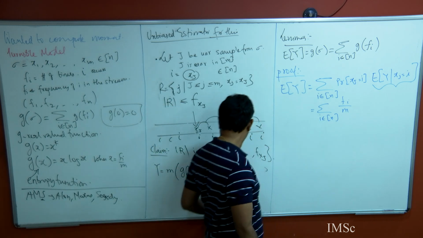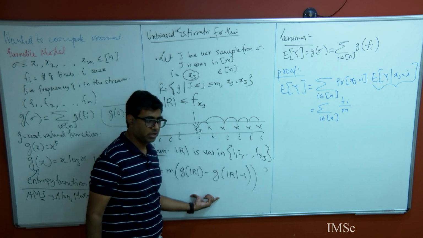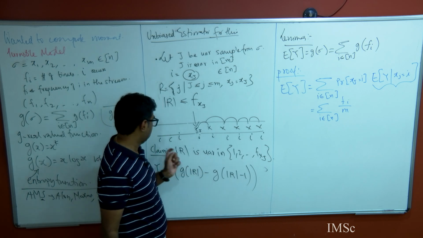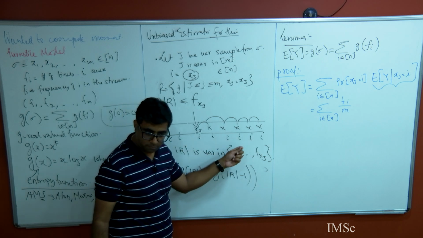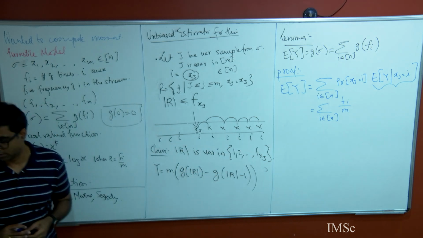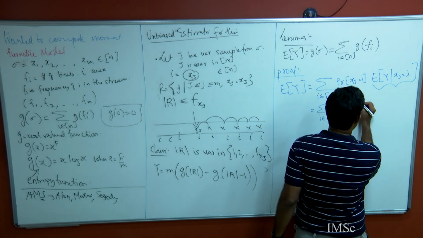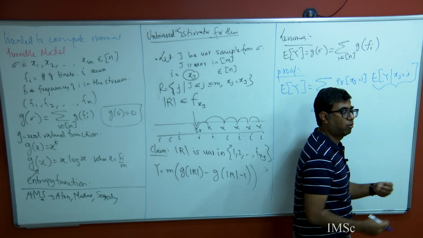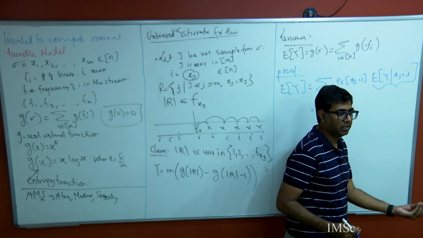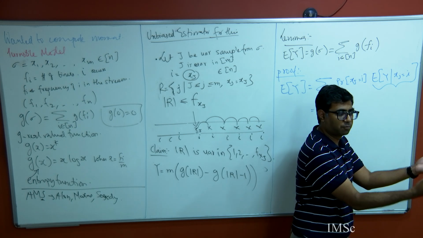This value is going to change, right? So this value depends on which of the ith object you have picked uniformly at random. So this expectation is what value it can take and its probability.